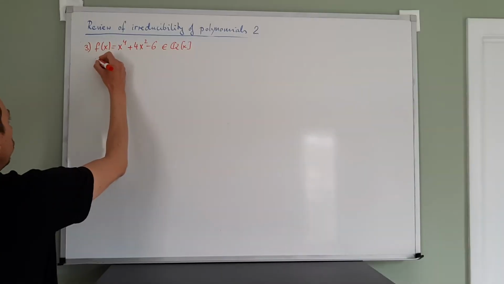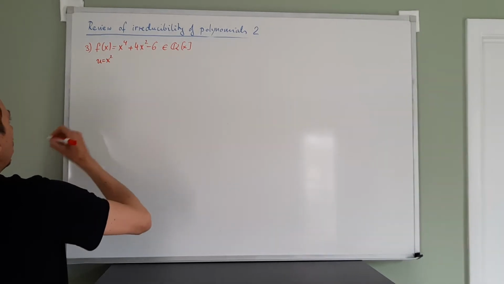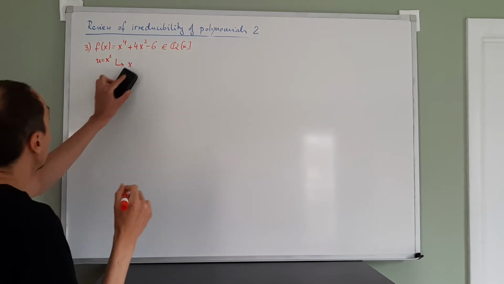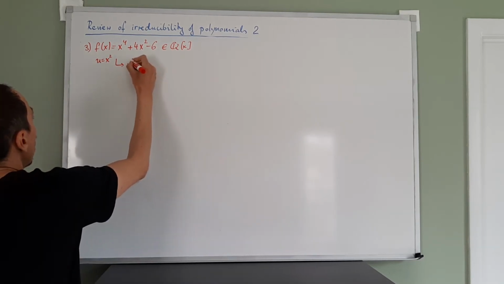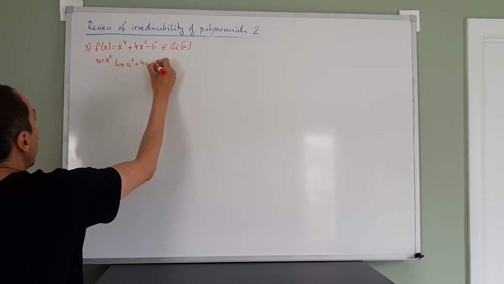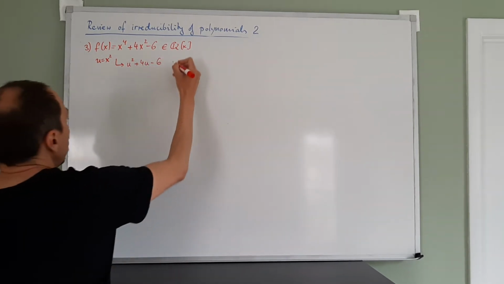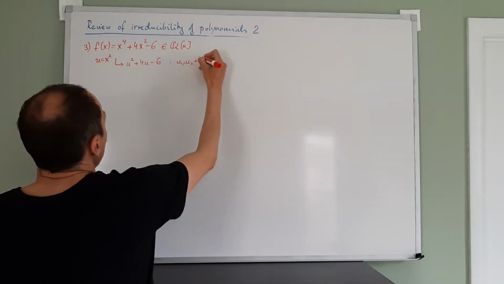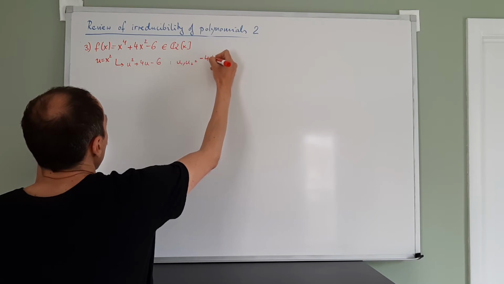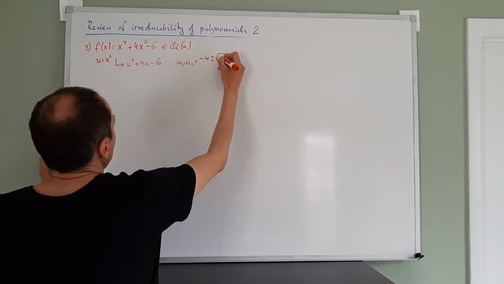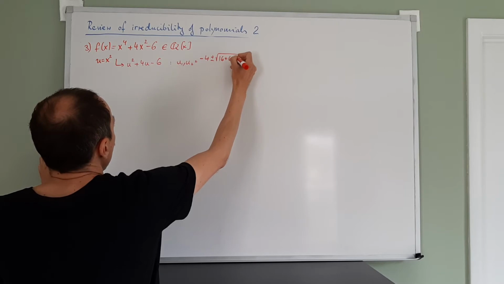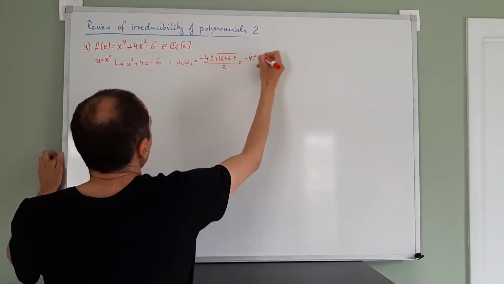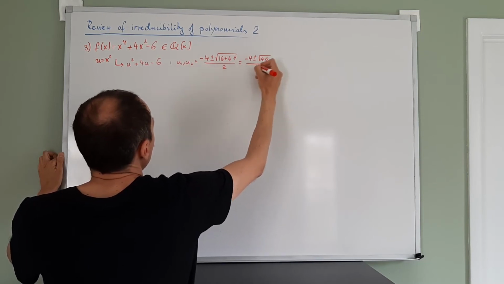So you can use the substitution u equals x squared, and then this reduces to 3u squared plus 4u minus 6, and you get the roots in u, let's call them u1, u2, which are minus 4, again using the quadratic formula, plus or minus the square root of 16 plus 6 times 4, over 2 times 3, so that's minus 4 plus or minus the square root of 88 over 6.